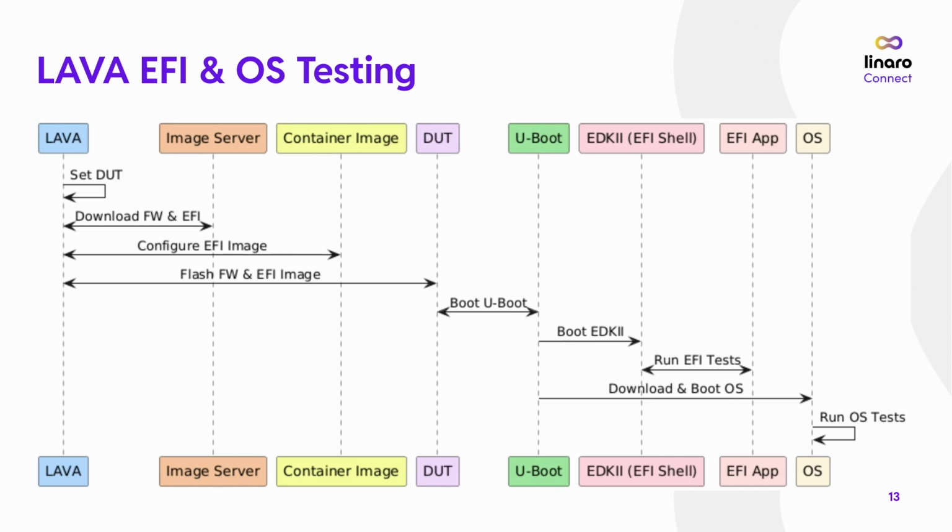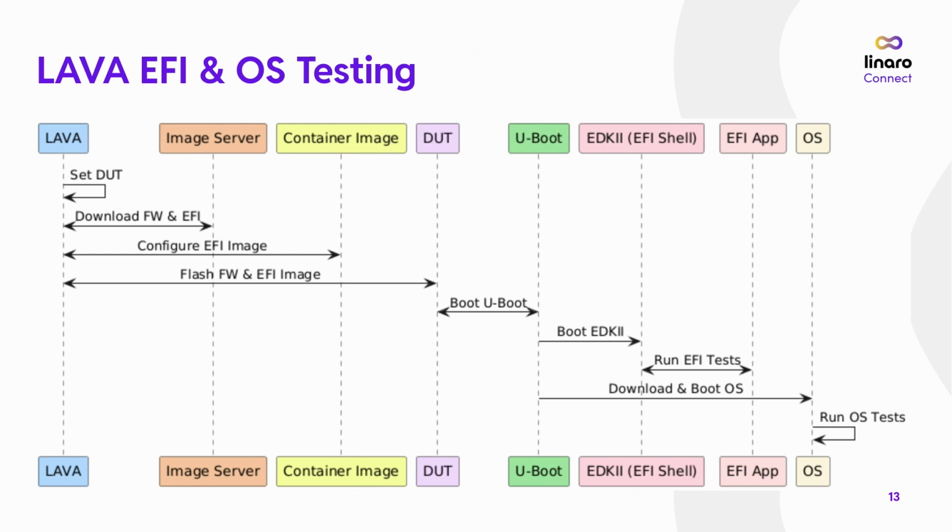This is when the image is submitted to Lava. This is a diagram explaining how the test is run inside of Lava. You can see it starts with Lava starting the device or the board. From there, it downloads the firmware, the EFI firmware and the OS.